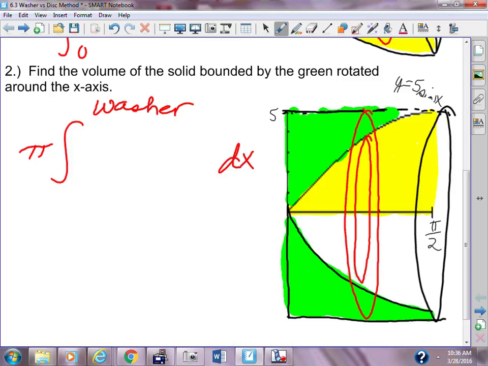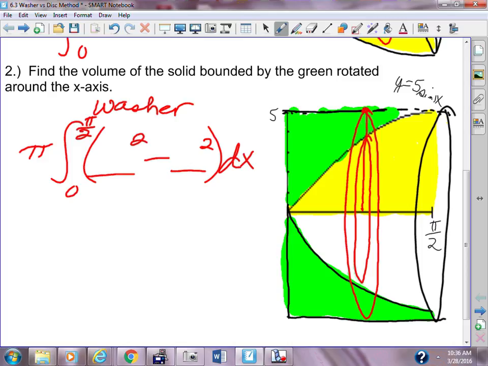Okay? Now, from there, got to get big radius squared minus little radius squared. What would my bounds be? Right, now, the big radius on this one, again, go from where you rotate to the furthest out part of that shading, which in this case carries me all the way out to that horizontal line.